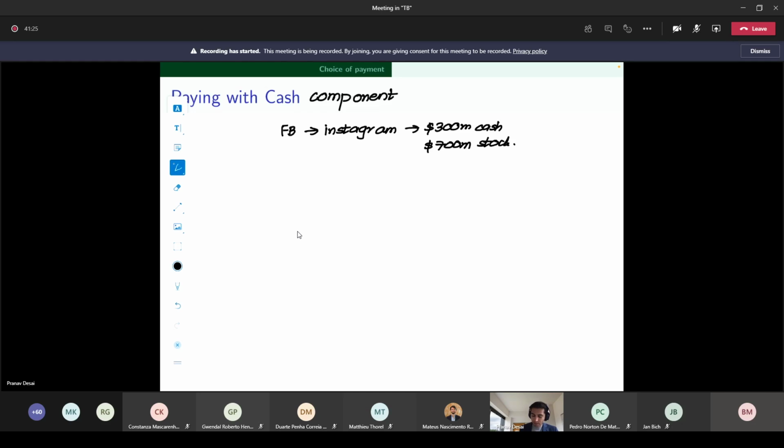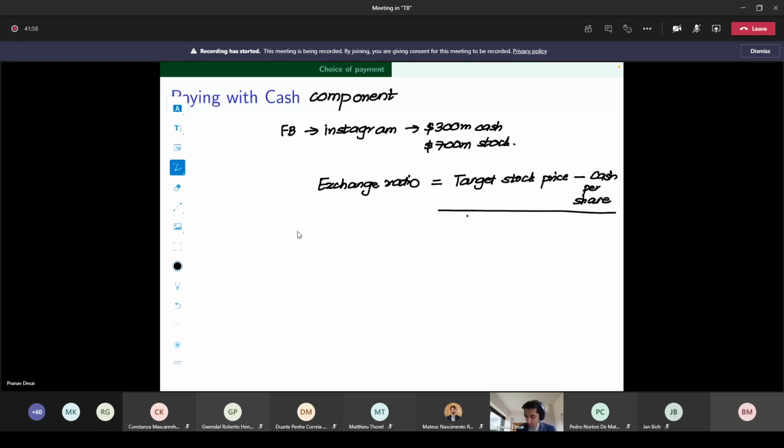Now, in this case, using the second method, you'll have the exact same approach, which is that the exchange ratio is just going to be the target's worth or stock price minus the cash per share which is paid, divided by the acquirer's stock price.